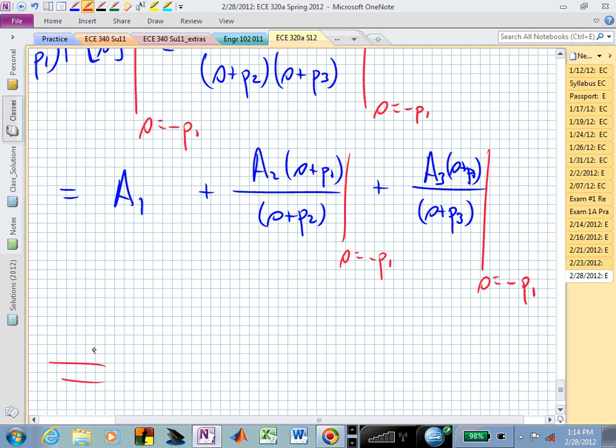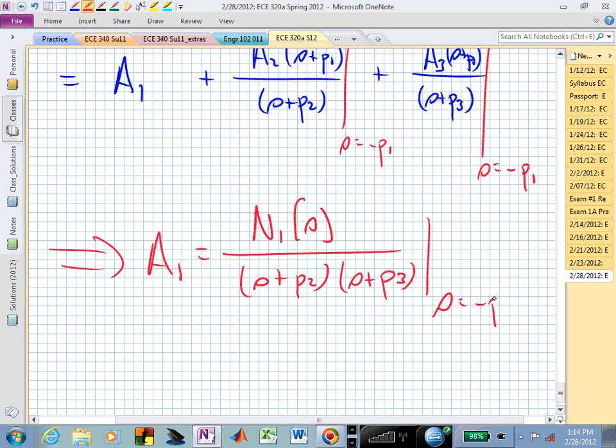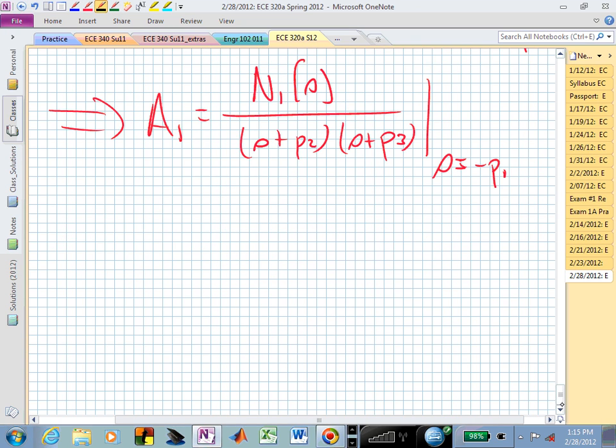So that now A1 ends up being this N sub 1 of s over s plus p sub 2, s plus p sub 3, evaluated at the value of s equal to minus p sub 1. Hopefully that helps you understand why this isolates each of those three coefficients in this case, A sub 1, A sub 2, and A sub 3.